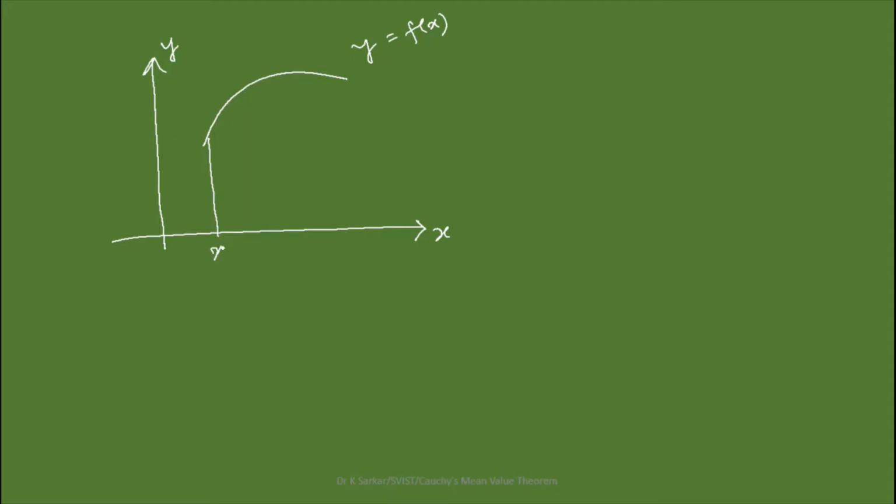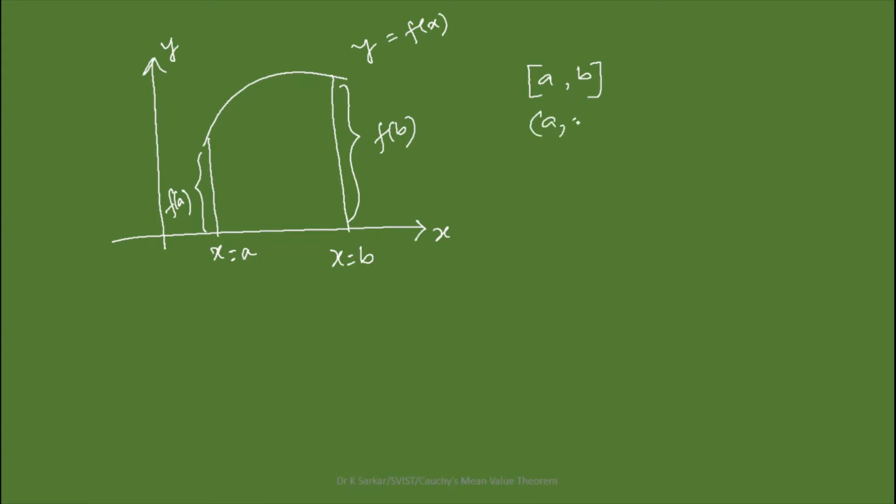This is the point x equals a, and this much is f(a), and this is the point x equals b, and this much is f(b). The function is continuous in the closed interval [a, b] and derivable in the open interval (a, b). Then there exists a point c.